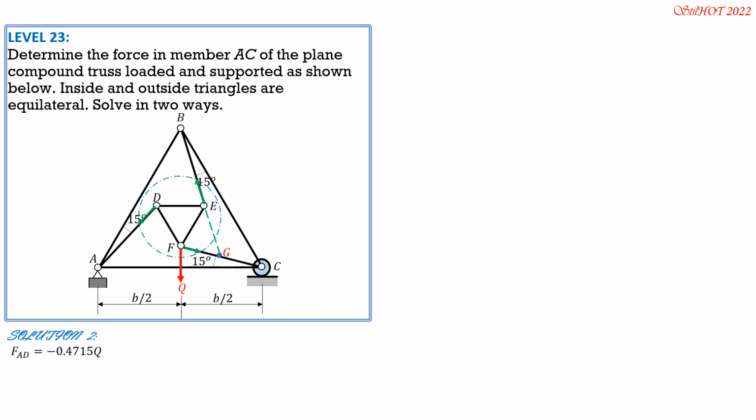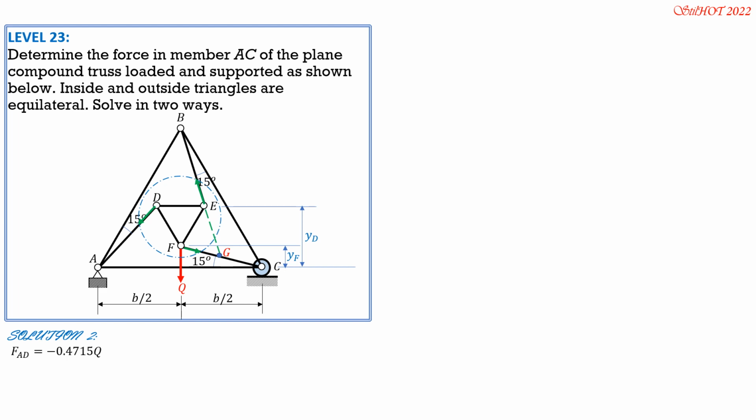But we have to find the coordinates of G, and from there, moment arms. Imagine that A is the origin. So let's call this YF, distance of F vertically from the x-axis, because this is the x-axis now. A is the origin. Then call this YD, and this distance we can find right away because this is 60 degrees.